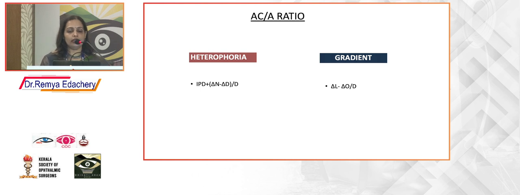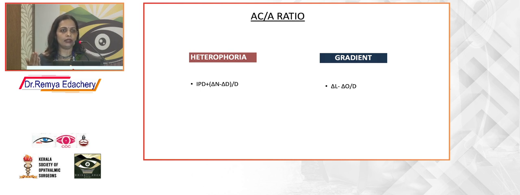Another term you should know is the AC/A ratio. This is usually calculated by the heterophoria method or the gradient method. In the heterophoria method, you measure the near deviation and distance deviation, and the distance you have used. The difference between the near deviation and distance deviation divided by the distance used, plus IPD, will be your AC/A ratio.